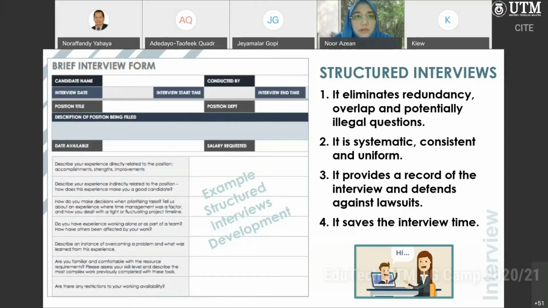It eliminates redundancy, overlap, and potentially illegal questions because we just follow step by step. This type of research is mostly used in statistical investigation and follows a premeditated sequence.